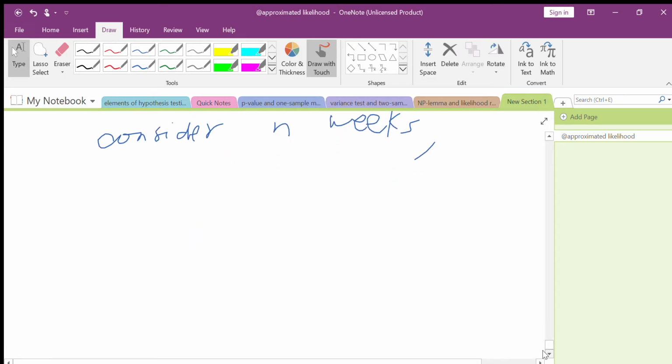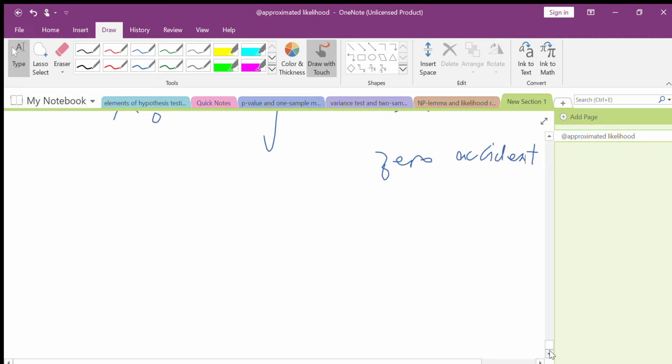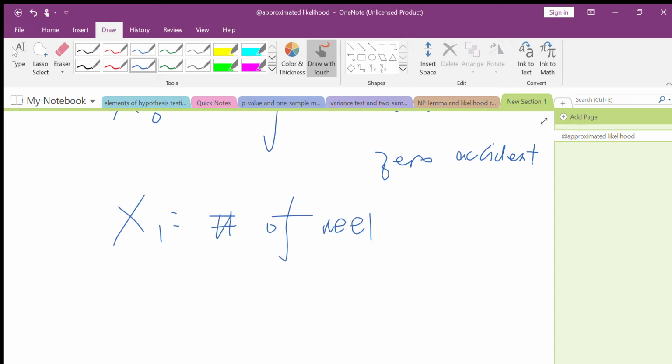Let's define capital X0, the number of weeks with 0 accidents.